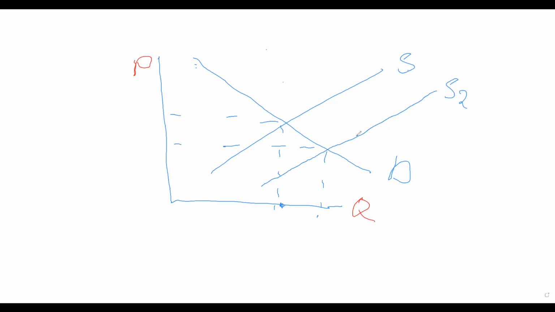And the result is an increase in the demand for minivans. Supply is not affected, obviously, at least in the short term. And as the demand shifts, the equilibrium price and quantity of minivans both rise.